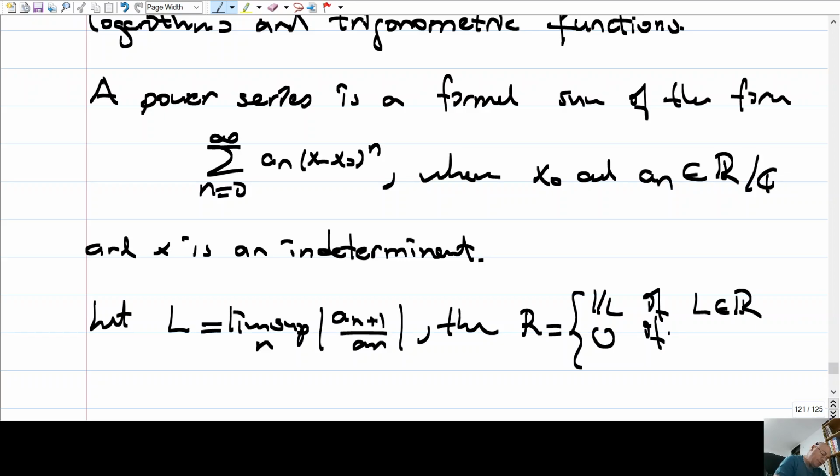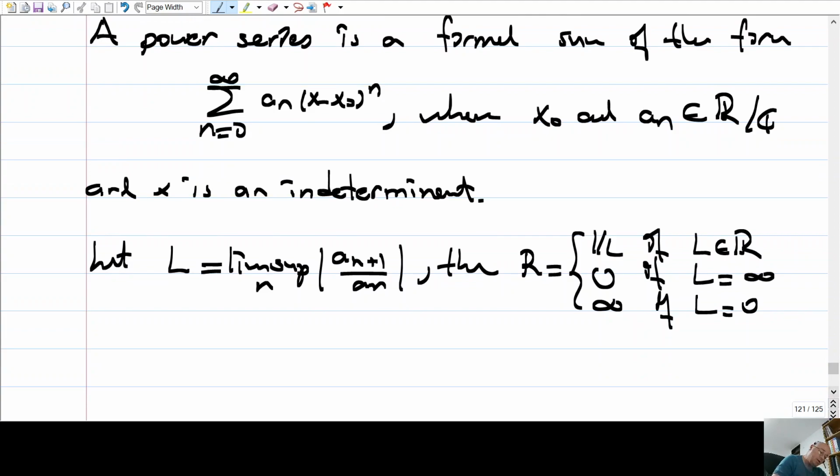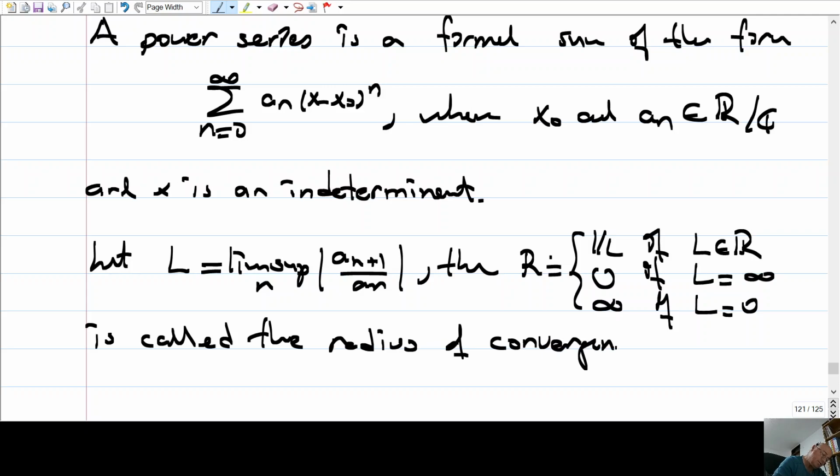It is 0 if L is infinite, right? Lim sup might be infinite. Or it is infinite if L is 0. So R is defined this way. Then this number is called the radius of convergence of the power series.